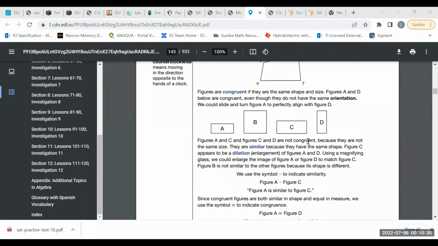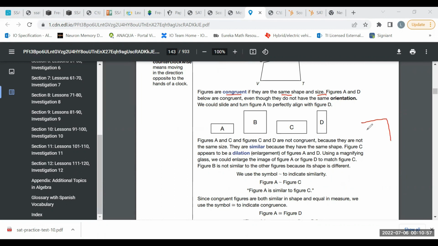Now, what are congruent figures? Congruent figures are those figures which have the same shape as well as the same size. Remember, congruent figures have the same shape and the same size. It's okay if the orientation is not the same.